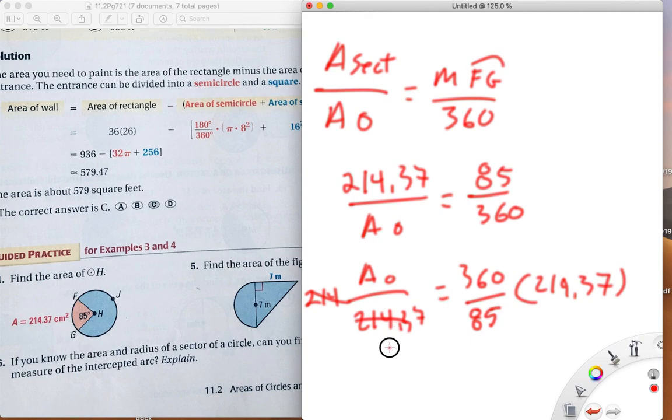And then I have the area of the circle will be equal to 360 divided by 85 times 214.37. And I get that the area of the circle is approximately 907.92 centimeters squared.